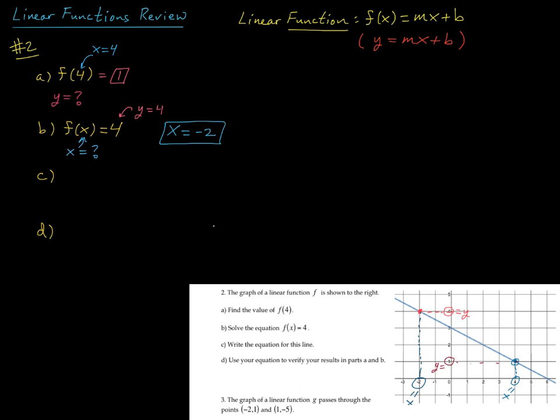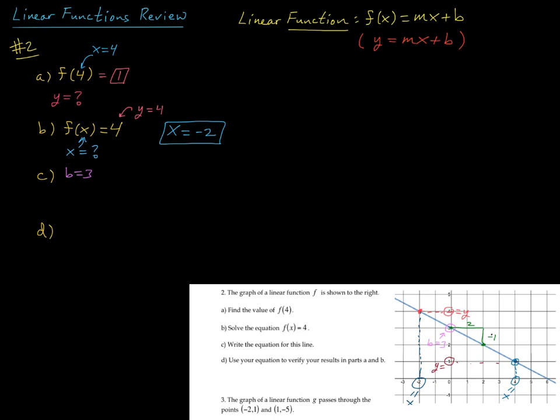For part C, we're asked to find the equation of the line, and notice here that the y-intercept is at 0, 3, so that tells us that our b value is 3. And for the slope, we can just count rise and run by choosing 2 nice points on the graph. So I'll take these points. Now I'm going to walk to the right 2 units and down 1 unit.